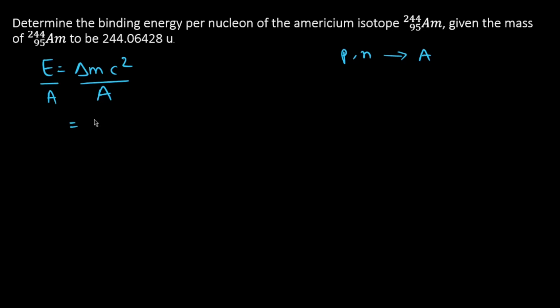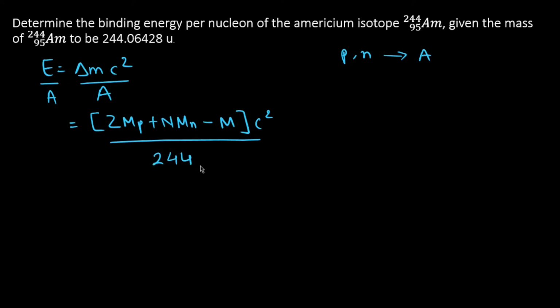So the formula for mass defect will be Z into mass of proton plus N into mass of neutron minus the total mass, into c square, and the atomic mass of americium is given as 244. So this will become 244.